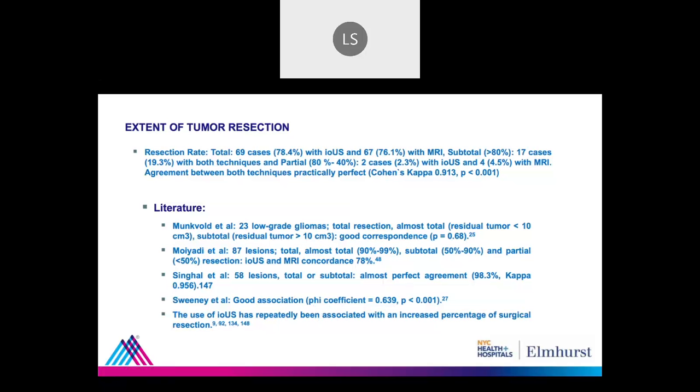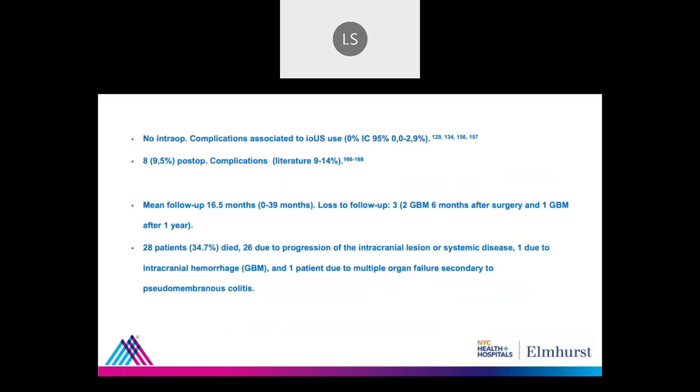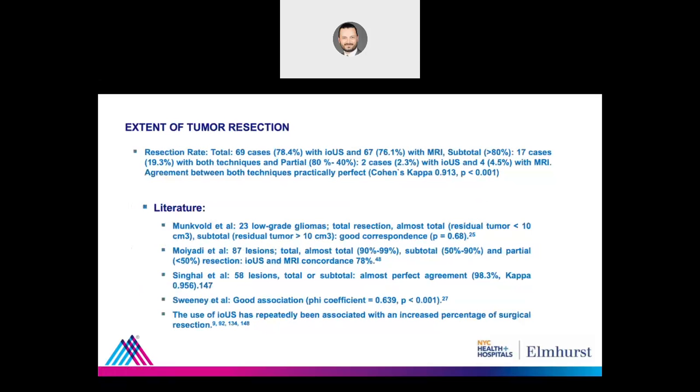But overall, the use of intraoperative ultrasound has been associated in the literature with an increased percentage of surgical resection, which is important. Is there any data or a number, unless I missed it, where the percentage of time in those that have used intraoperative ultrasound routinely, the percentage of time that they go and take out additional tumor based upon the ultrasound?